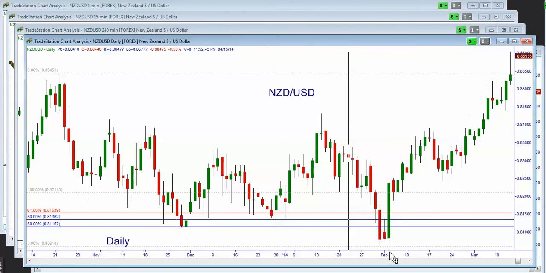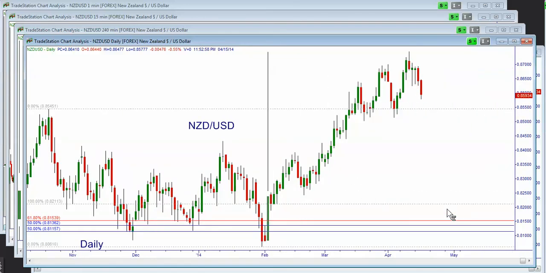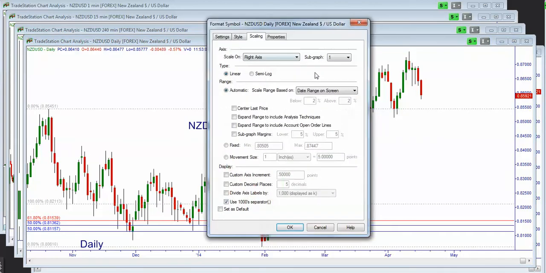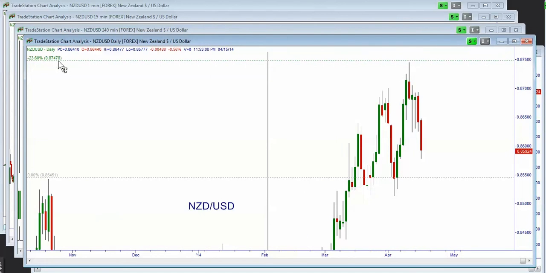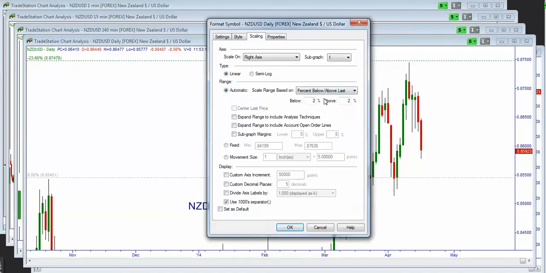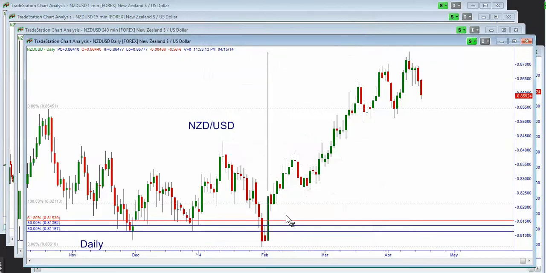Initially pushed price lower, but eventually this price went above 0.8153, a stop below lows, and off you go. This was a good opportunity long, which brought price right into that target 0.8747 here, and that's why we are seeing a retrace here in this market.